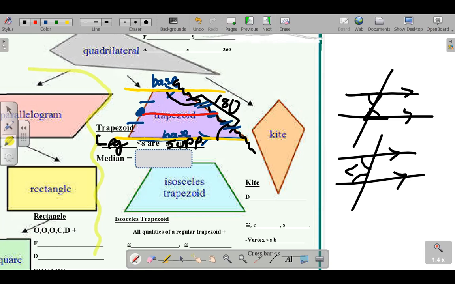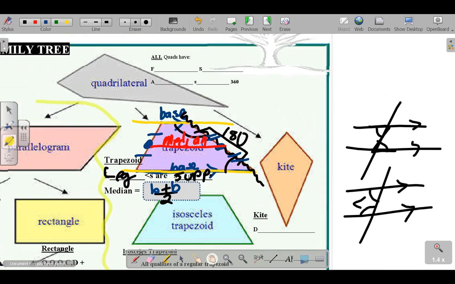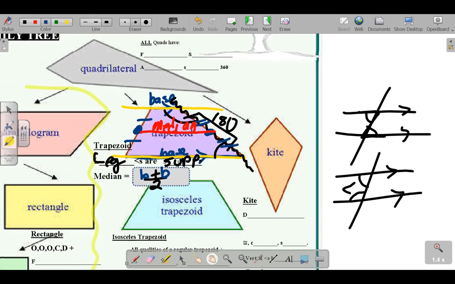And to find the length of that median, you simply average the bases. So to find the length of the median, we add the bases and divide by 2. This is true of all trapezoids. Keep in mind that a trapezoid also qualifies as a quadrilateral, so angle sum 360 is still true.